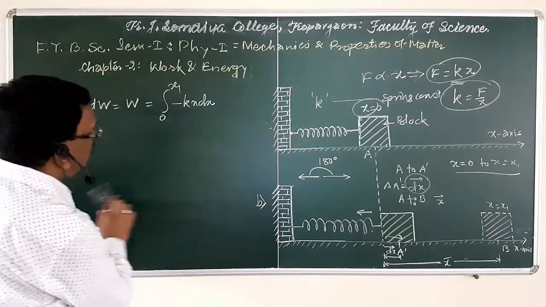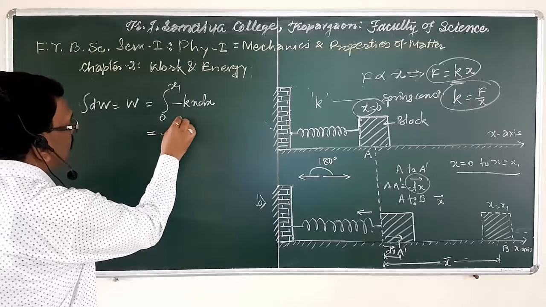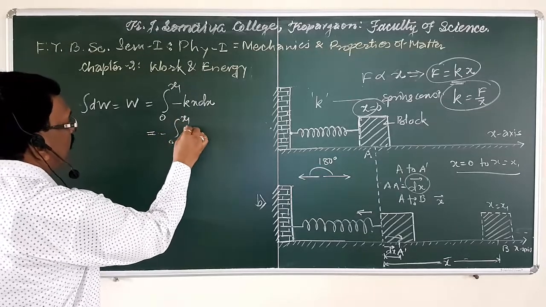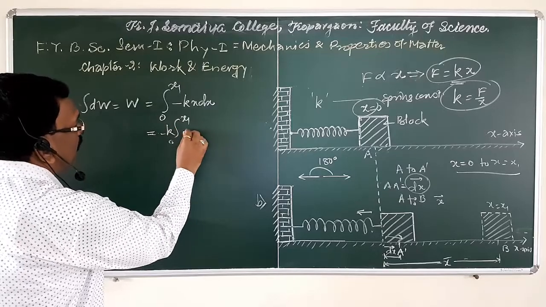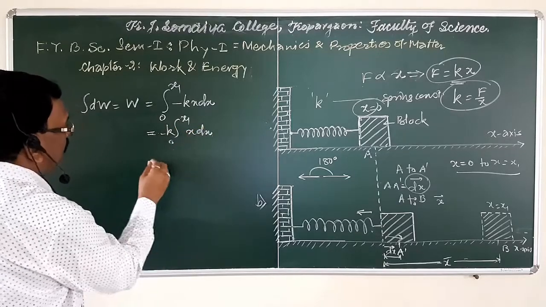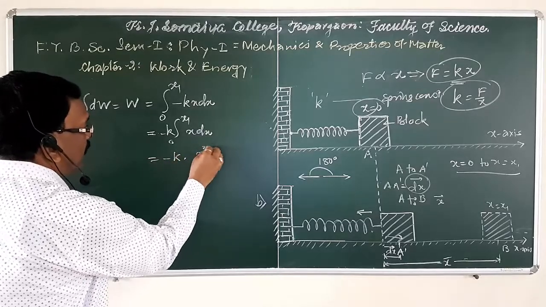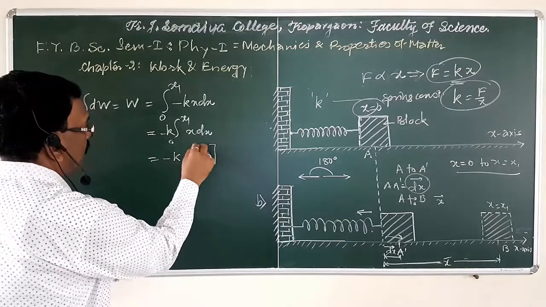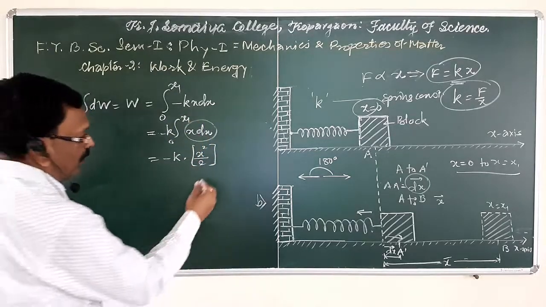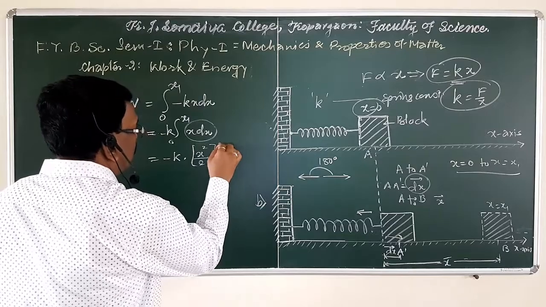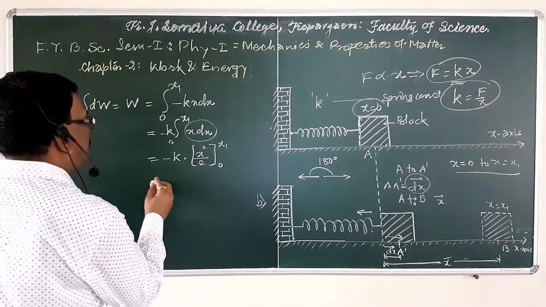See here, solving this integral, firstly we can write minus k times the integral from 0 to x1 of x dx. Solve this: minus k into x square by 2. The integration of x dx is nothing but x square by 2, and 0 to x1 are the limits. 0 is the lower limit and x1 is the upper limit.